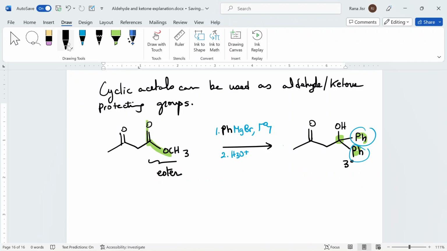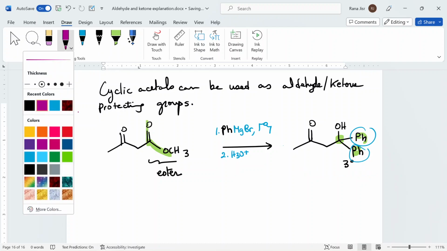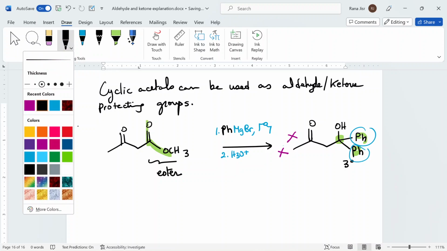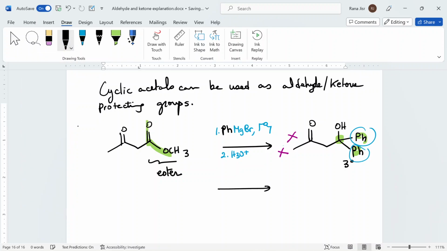So your actual product for this reaction is not going to be this product at all. The actual product is going to be, with the same phenyl MgBr in diethyl ether, then H3O+, you're going to end up adding the phenyl group to every single carbonyl.